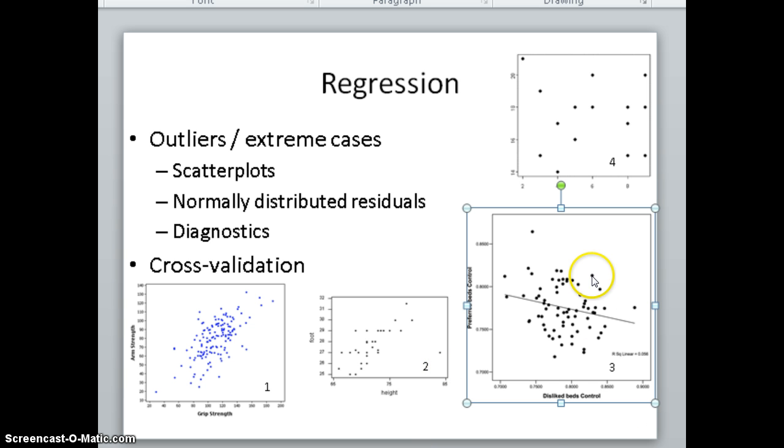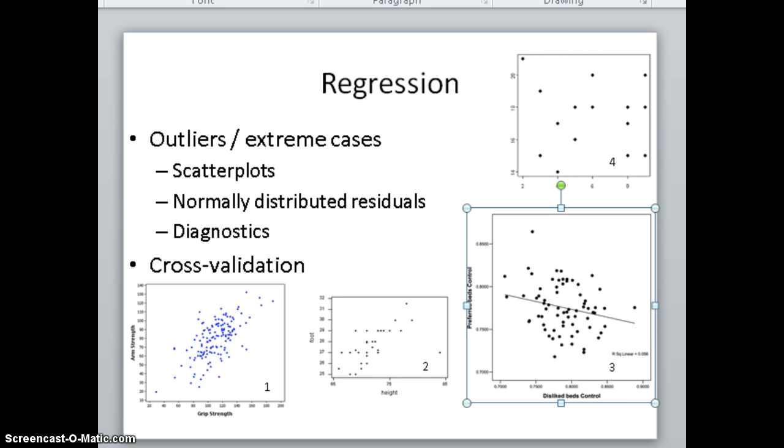How about scatter plot number 3, this one here? Does it have an outlier? Scatter plot 3 does appear to have an outlier here in the upper left quadrant, but given the rest of the data, you can see the data is spread out a little bit.